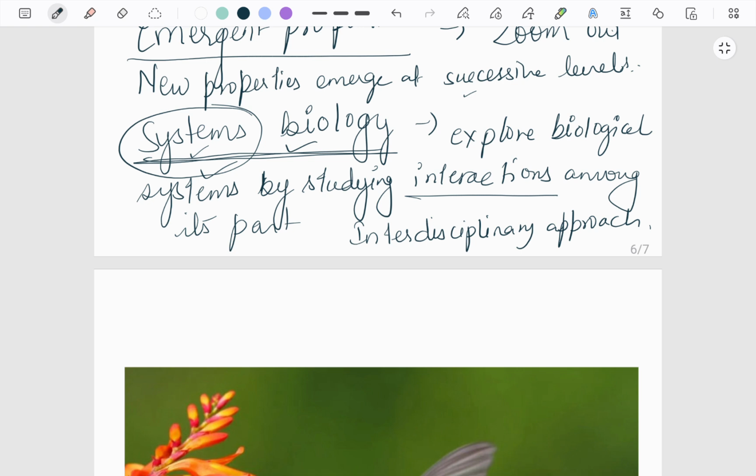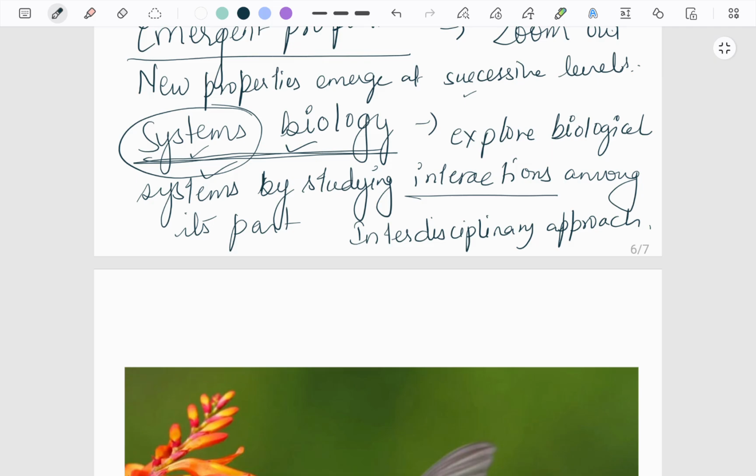For example, what about our circadian rhythm? Why is it so accurate? Normally I wake up at 4:30, daily, and I don't need an alarm because there is an alarm set inside my body to wake up at 4:30.